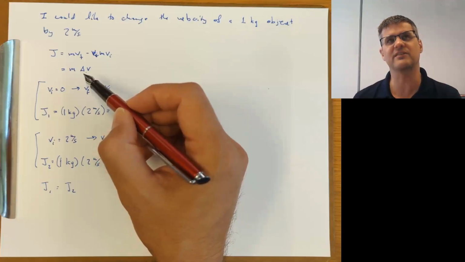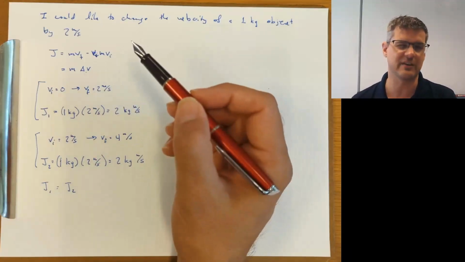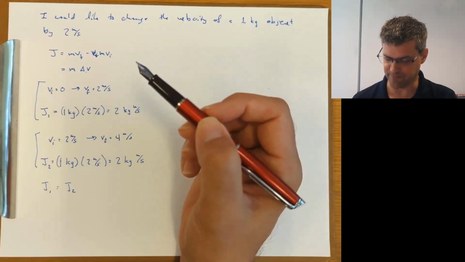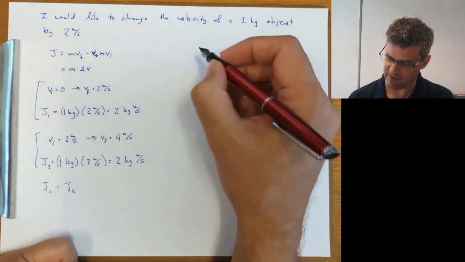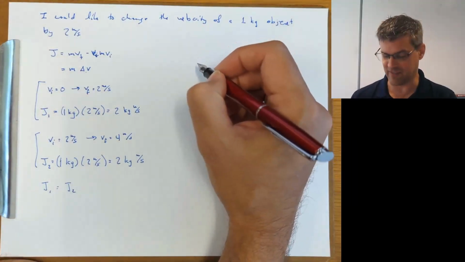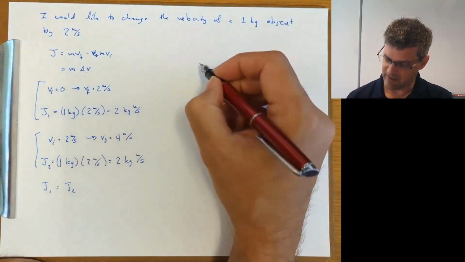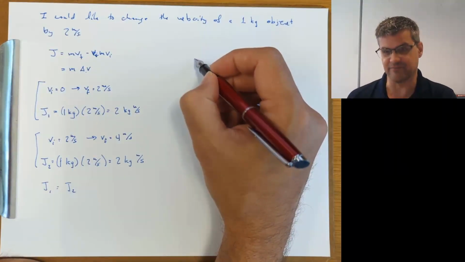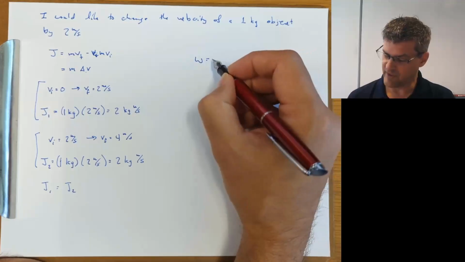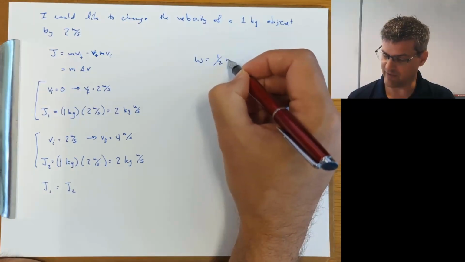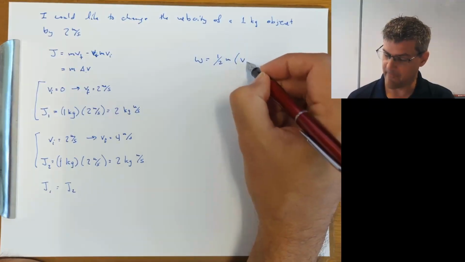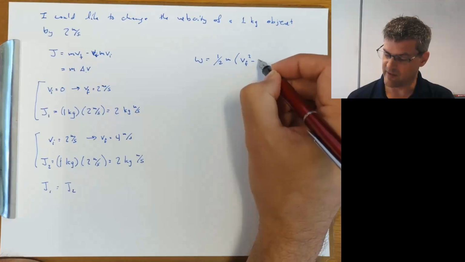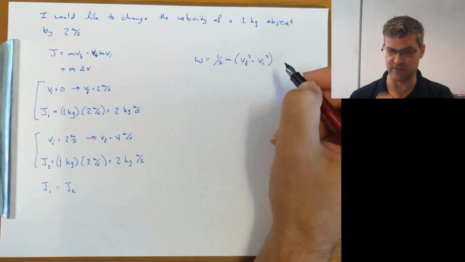And so you would think to yourselves, well, is the same thing happening with kinetic energy? Well, let's see here. I know that in the case of kinetic energy, I wanted to see how much work is done, right? So work is going to be 1/2 m (v final squared minus v initial squared).